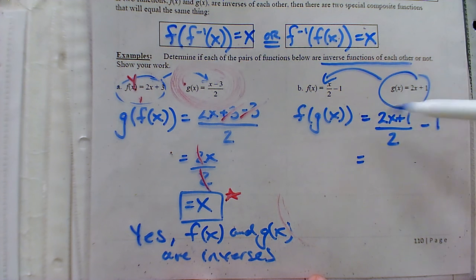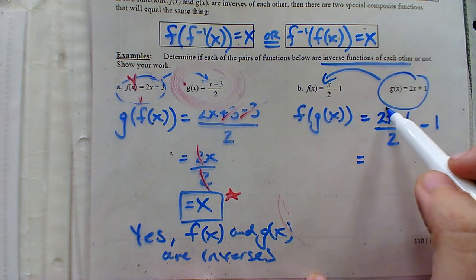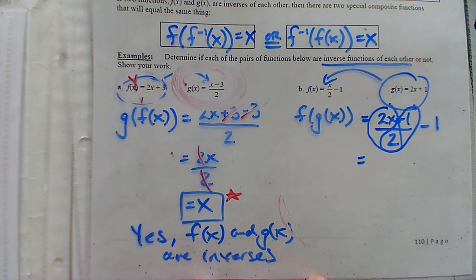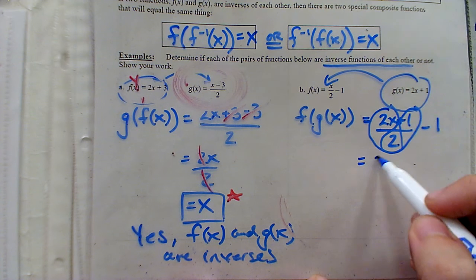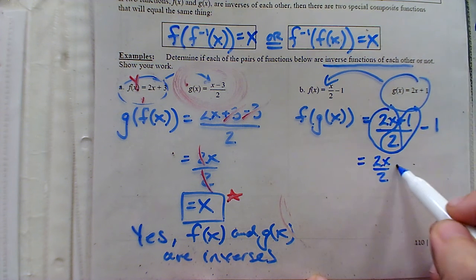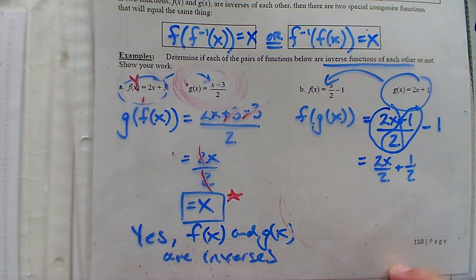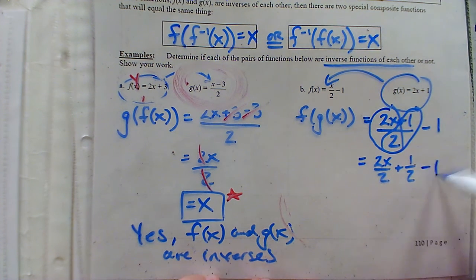So in the fraction, that's symbolizing that you need to divide each of those by 2. Okay, you can kind of break up that fraction using that technique. So this would be 2x over 2 plus 1/2. Have we seen that before, or does that make sense? Okay, and then we would still have the minus 1.